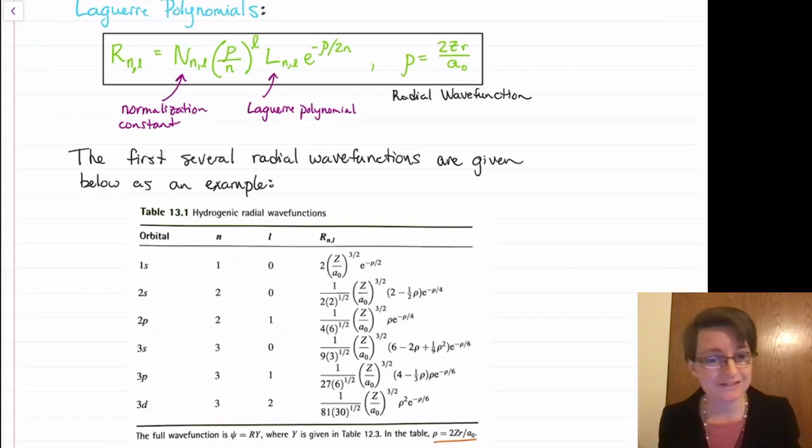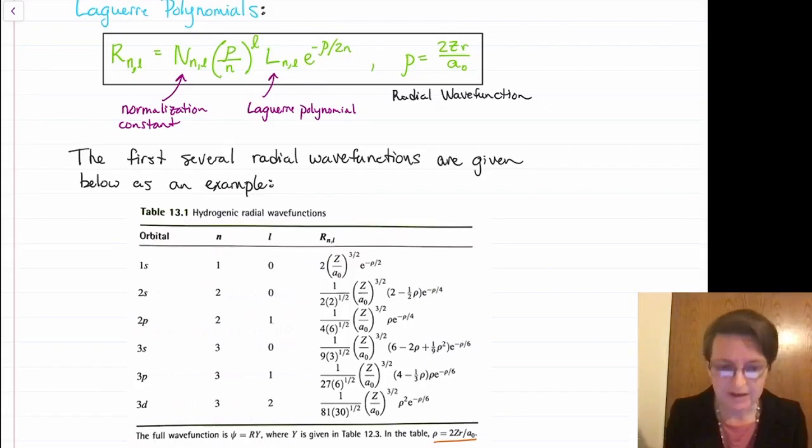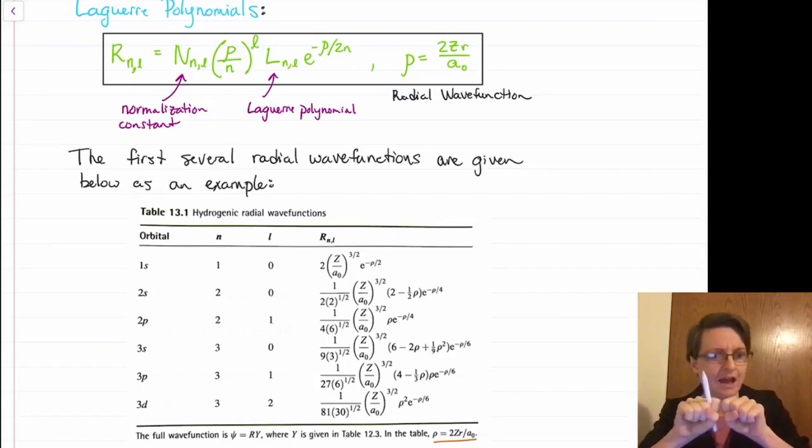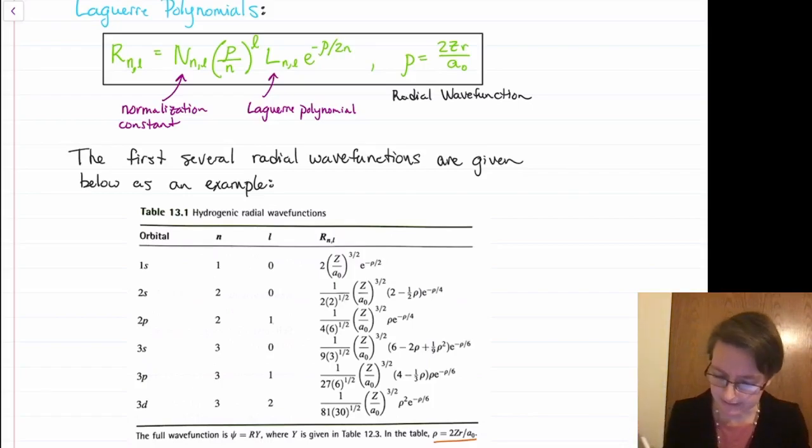One, there's a normalization constant showing up, necessary but not super interesting to us at this point in the course. Two, I have taken the liberty of grouping together my constants that always show up around r. In fact, it's this 2 zeta, zeta being the atomic number, times r divided by a naught, the Bohr radius. I'm going to call that rho, just to simplify these expressions a little bit. But in your head, you can say rho and r are proportional to each other, so they're describing the same concept of how far away the electron is from the nucleus.